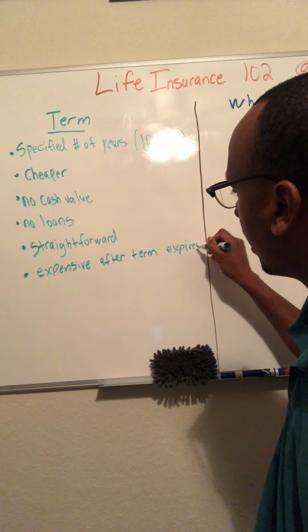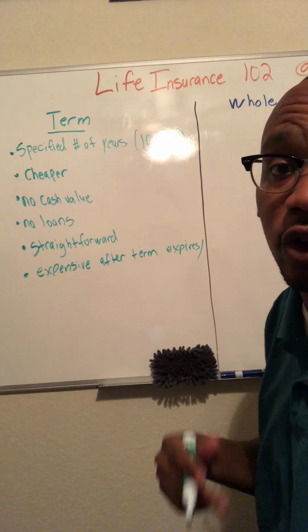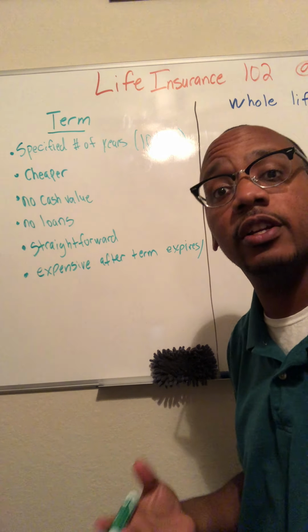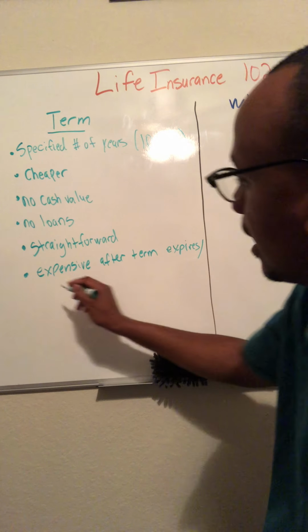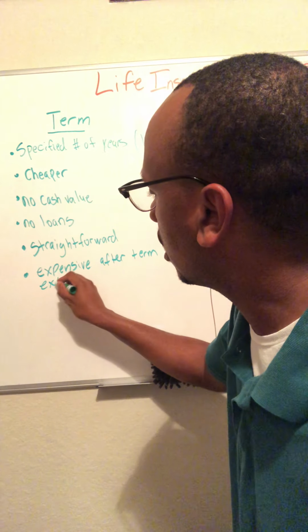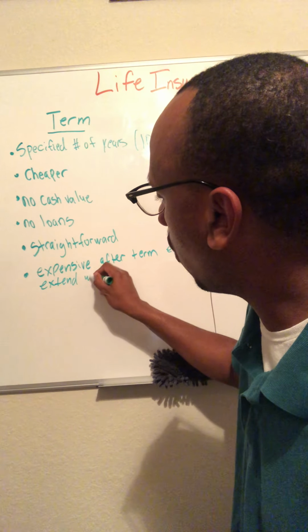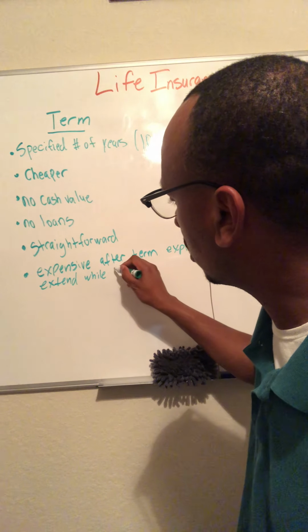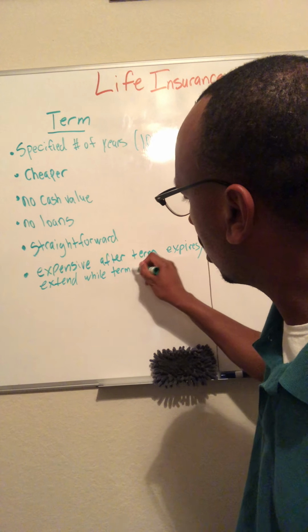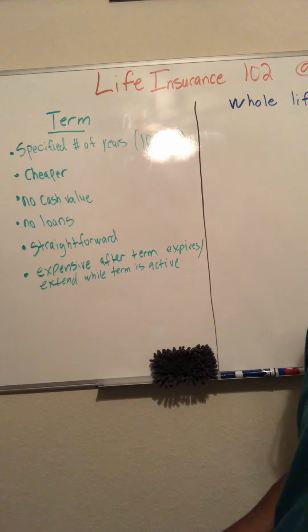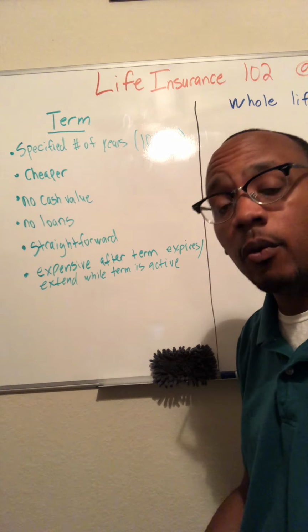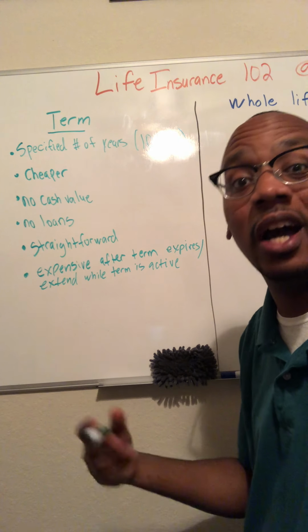So what I suggest you do, if you know you're not in position before the time runs out on your term policy, is extend while the term is active. That way, you'll protect against uninsurability.